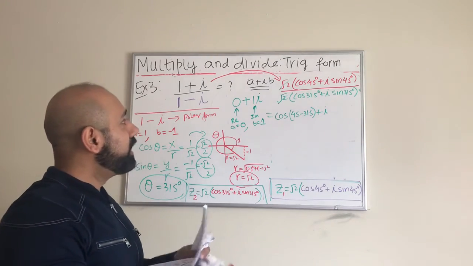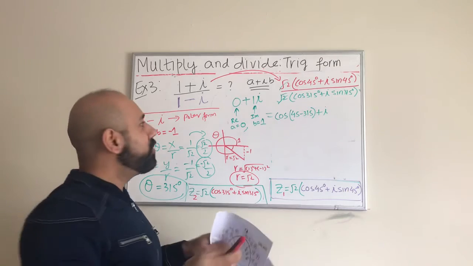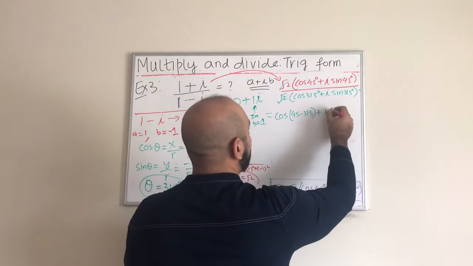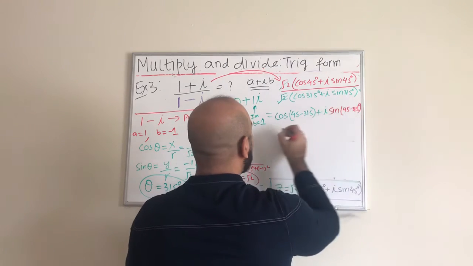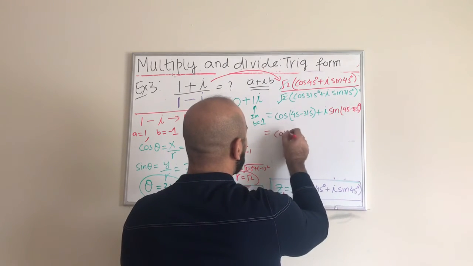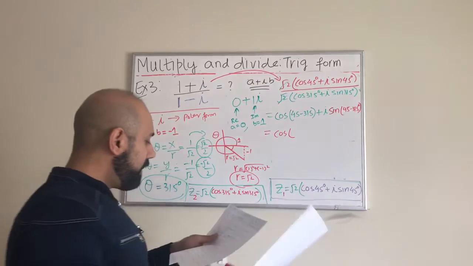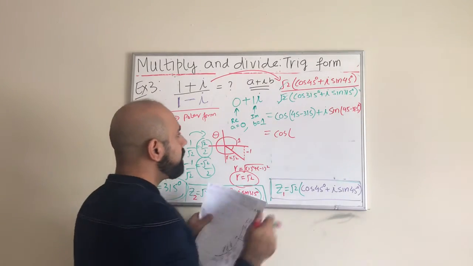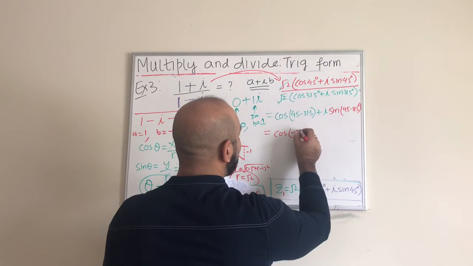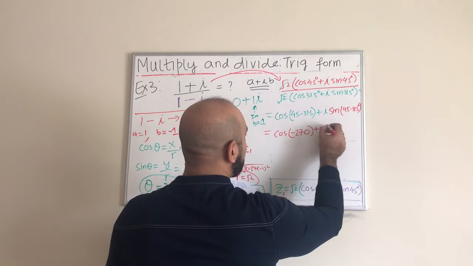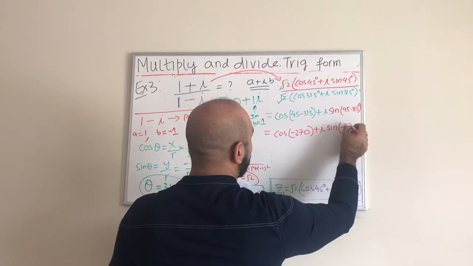That is something we already know from dividing any two complex numbers. Simplifying further, 45 minus 315 is negative 270, so cosine of negative 270 plus i sine of negative 270.